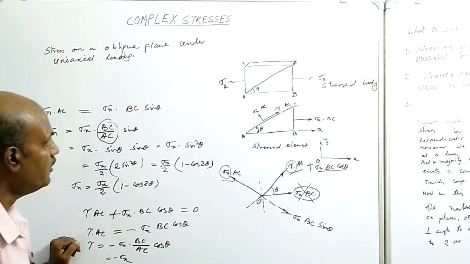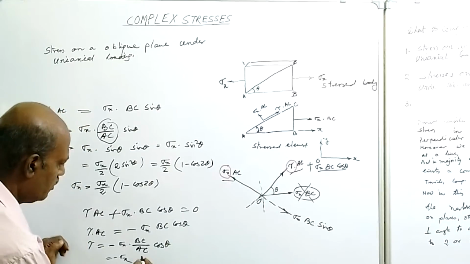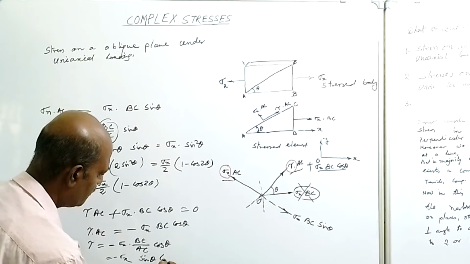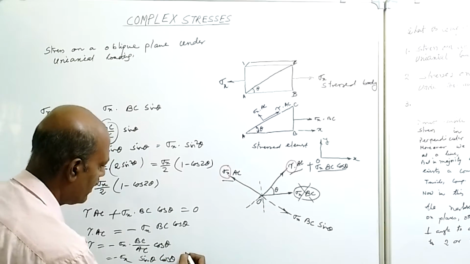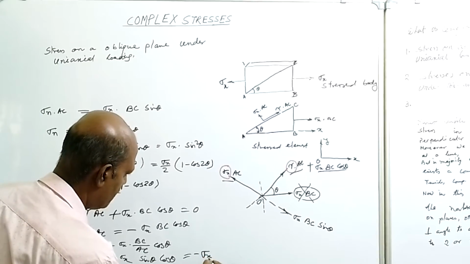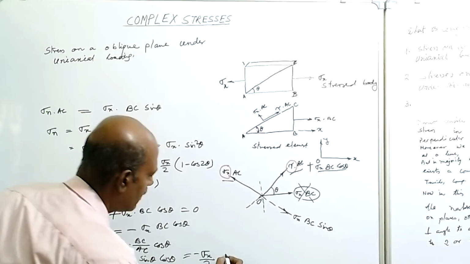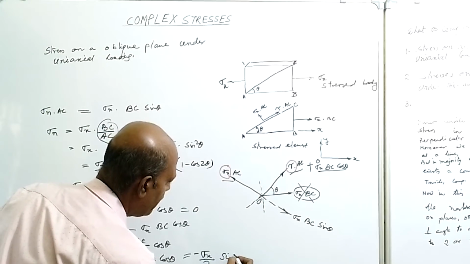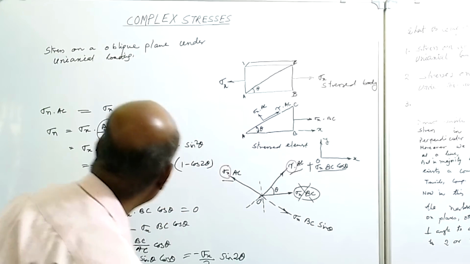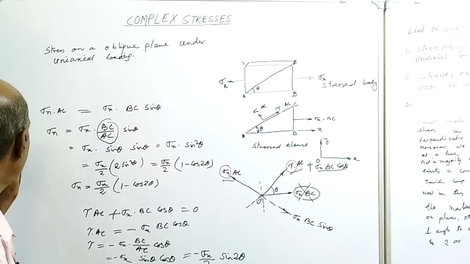What is BC by AC? BC by AC is sin theta. So we can write sin theta into cos theta, or minus sigma x by 2 into 2 sin theta cos theta, which is sin 2 theta. So we have got the result of sigma n and tau.